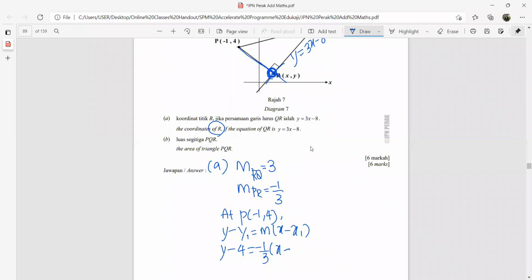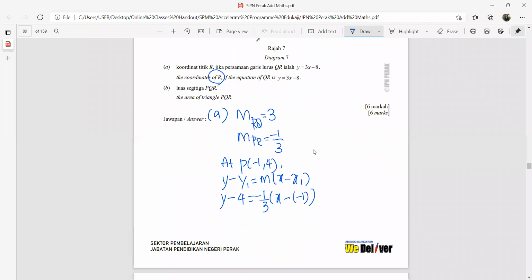So here you have to know when you solve it now. Expand, can we get the equation?